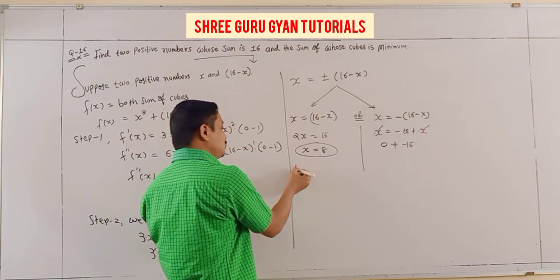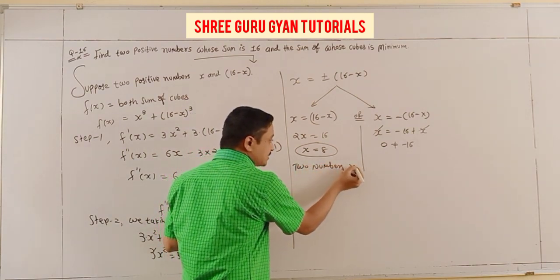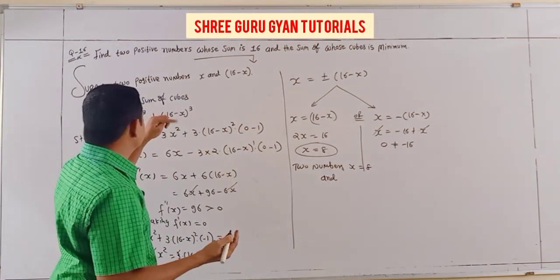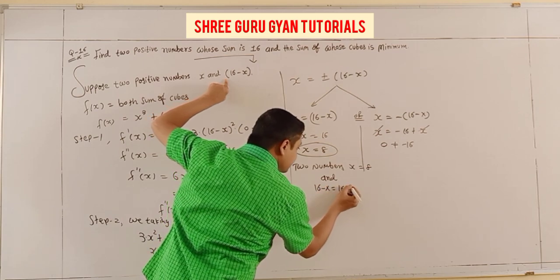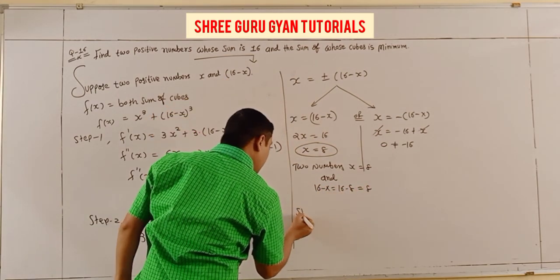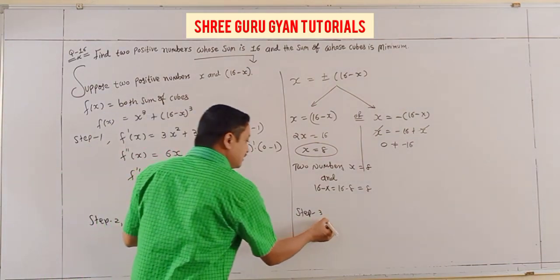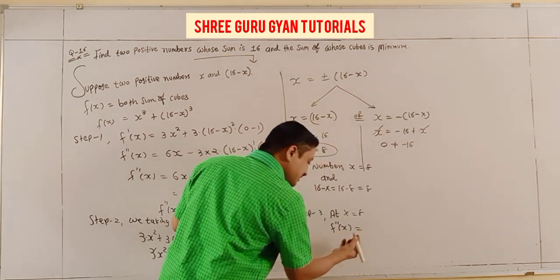So your two numbers: x is equal to 8 and another 16 minus 8. Going to now step number 3, after that checking at x is equal to 8, just write down f double dash x.